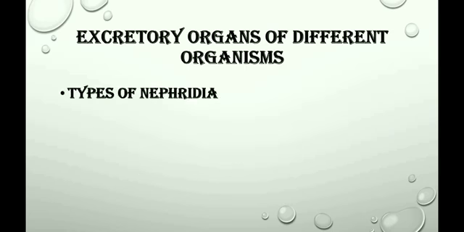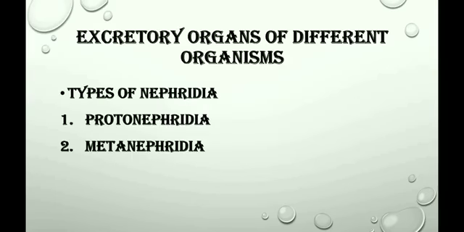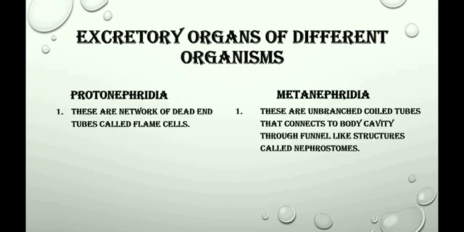Talking about types of nephridia, there are two types of nephridia. They are protonephridia and metanephridia. Now, in order to make it easier, we'll study it in such a way that we'll compare both protonephridia as well as metanephridia. See, protonephridia are the network of dead end tubes, or they are also called flame cells.